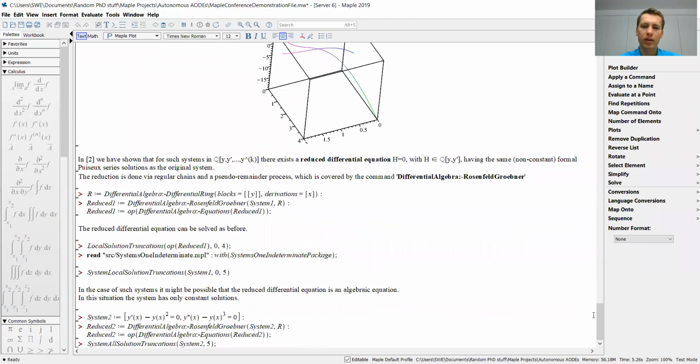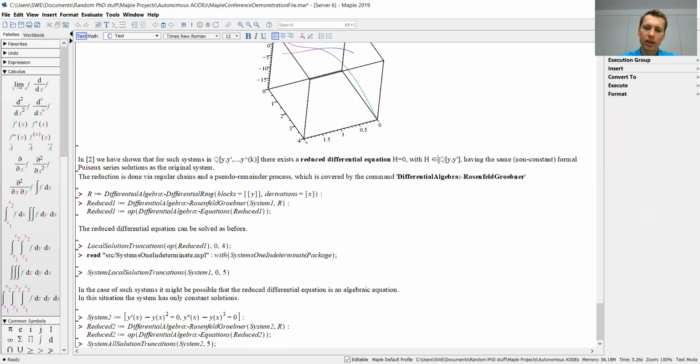Then we can compute a reduced differential equation or more reduced differential equations of this system. But it's important to know that the reduced differential equation is of order 1 and autonomous as before. And it has the same non-constant Puiseux series solutions as the original system.